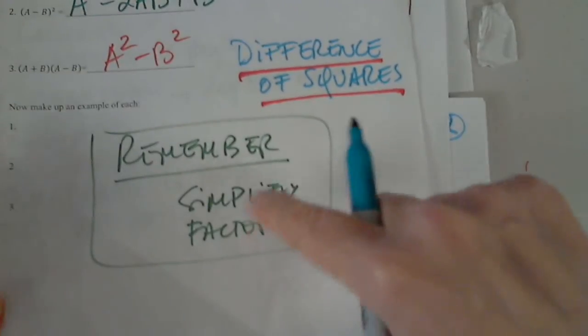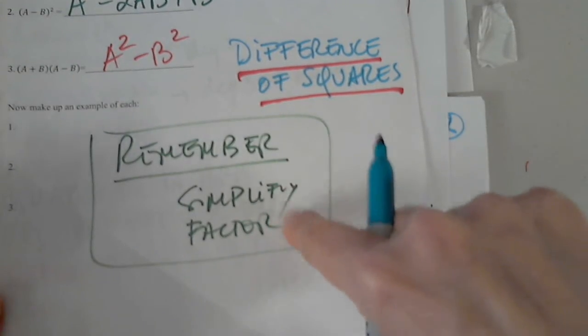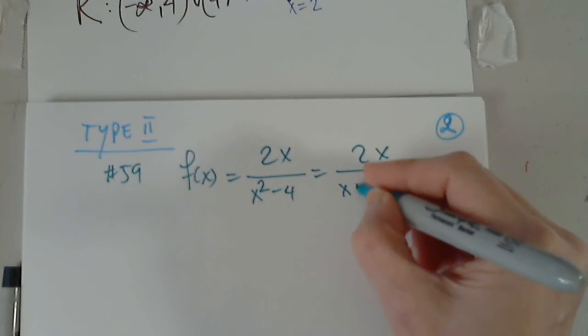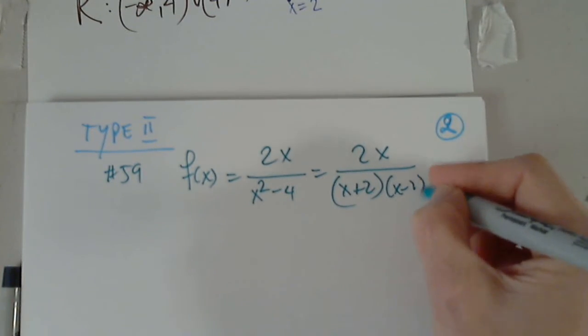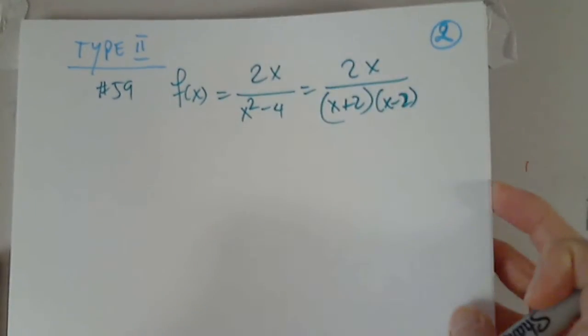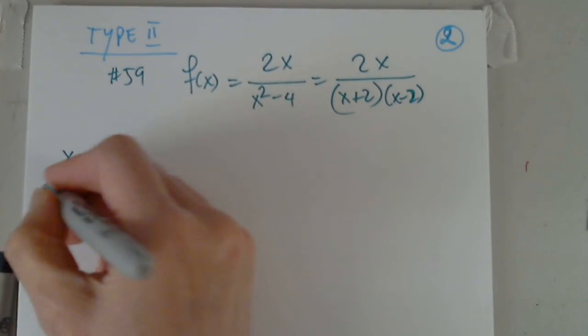And since these are always in the back of my mind, of course, I'm going to factor the denominator. X plus 2 times x minus 2. I'm going to get my table going.